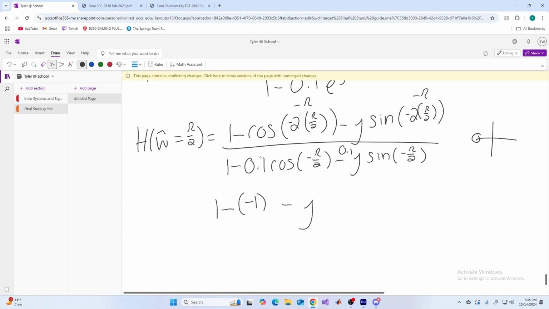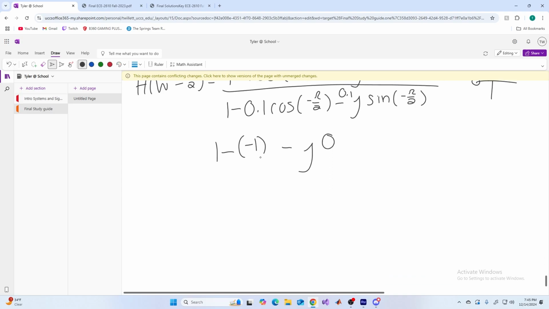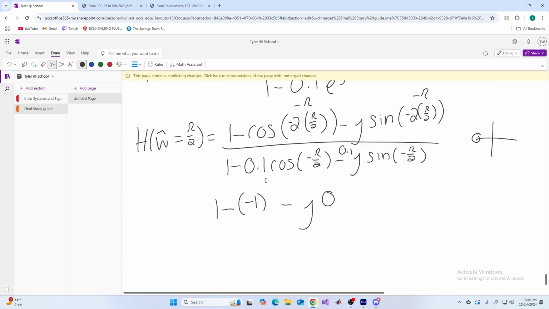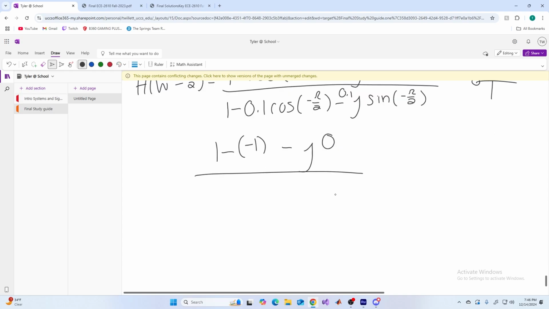Minus negative 1. J sine of negative pi is 0. So then I have the bottom. Then I have 1 minus, well, the cosine of negative pi over 2 is here, so that's 0.